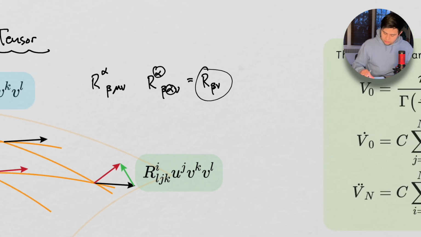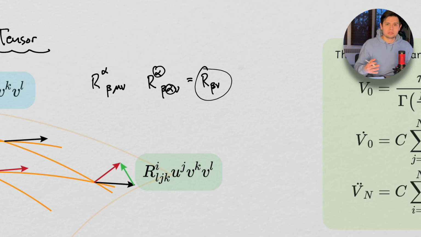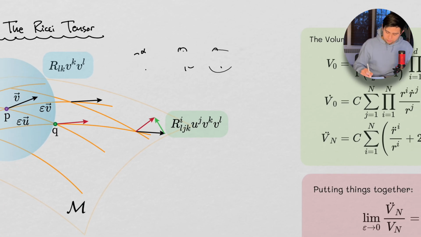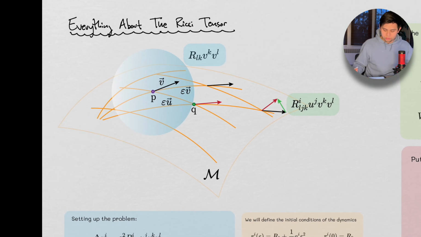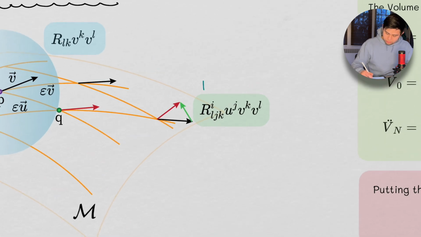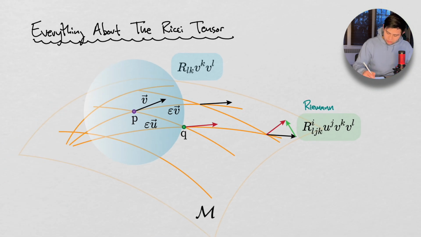Now let's get a geometric, intuitive understanding of what this means. I want to put in the forefront of our minds this picture here. We have the Riemann tensor here, and here we have the Ricci.